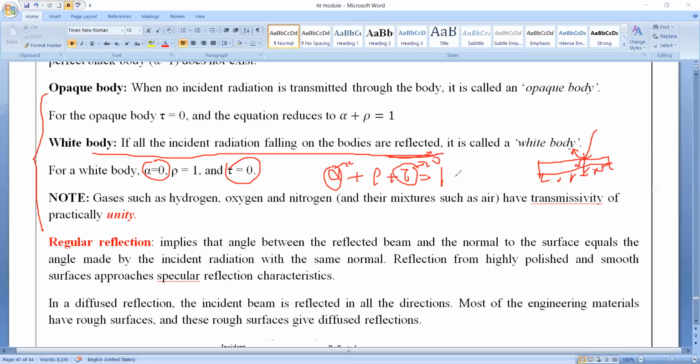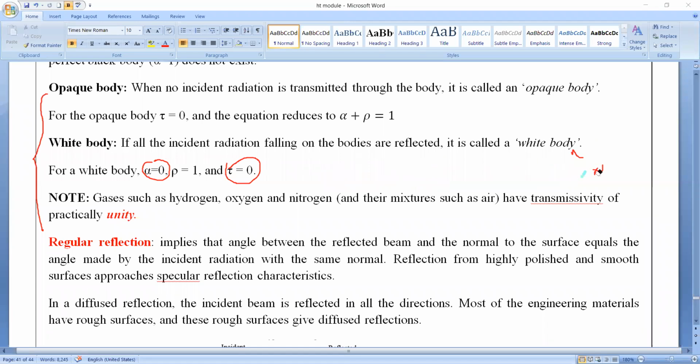So a white body reflects all the radiations falling on it, given by rho equals 1. Is that clear? I hope this is clear. These are very important from your competitive examination point of view, so please remember these terminologies.